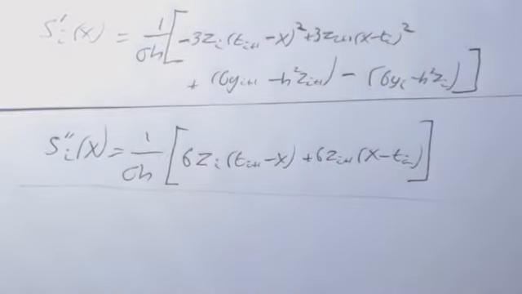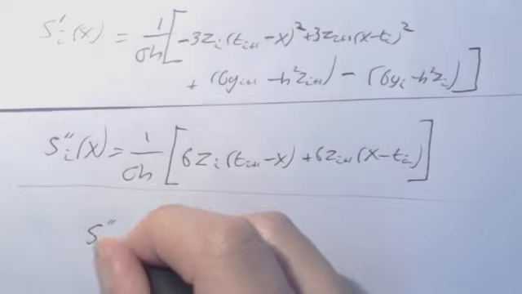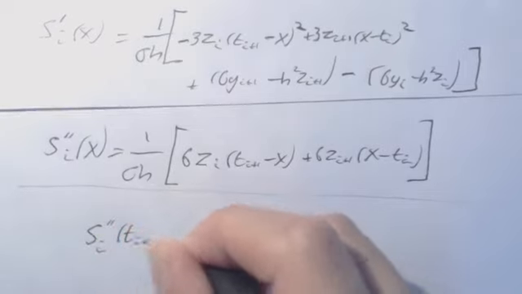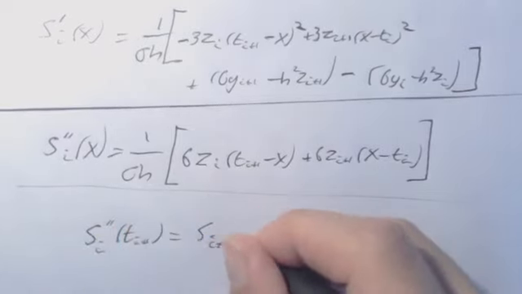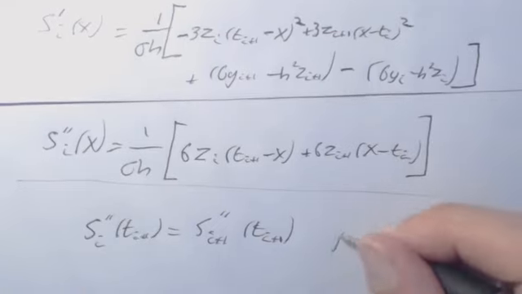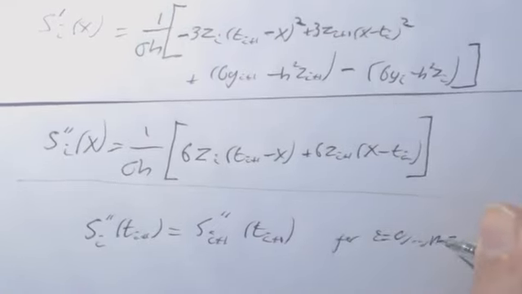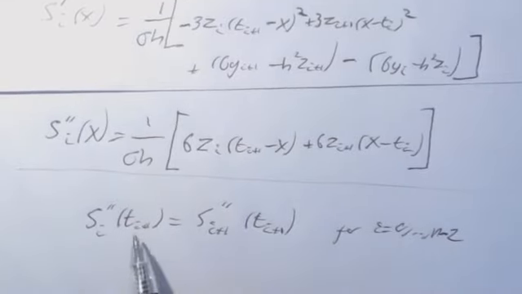So for the second derivatives, we're going to want s_i double prime t_i+1 to be equal to s_i+1 double prime t_i+1 for i equals 0 to n-2. Well, so let's try.